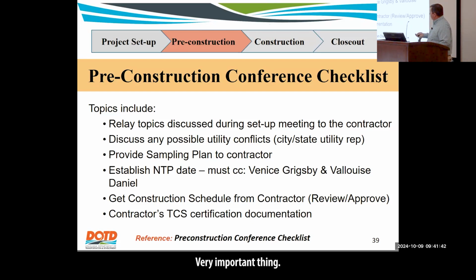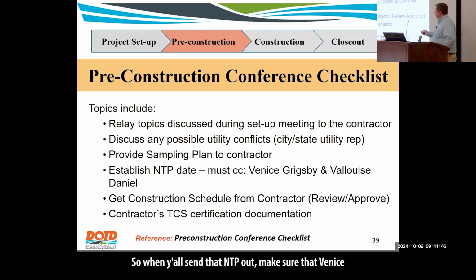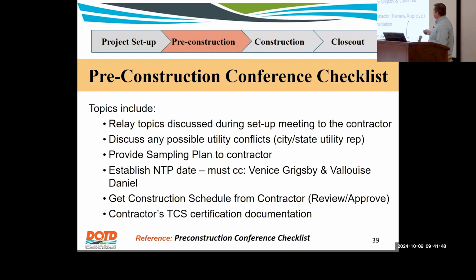Very important thing, NTP date. When y'all send that NTP out, make sure that Venice and Val and our office are included on that notice to proceed so we can get that put in Site Manager. A lot of times what ends up happening is your project is active in Site Manager, you're doing daily work reports, and you get to that first estimate time period and you absolutely can't generate it.